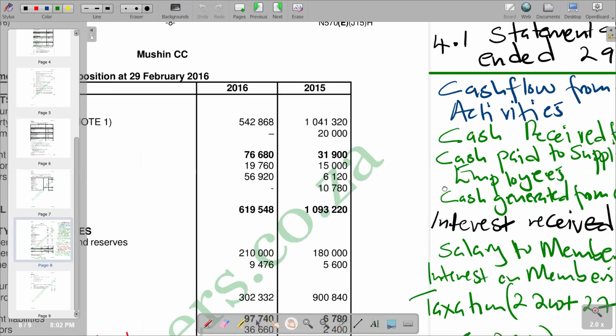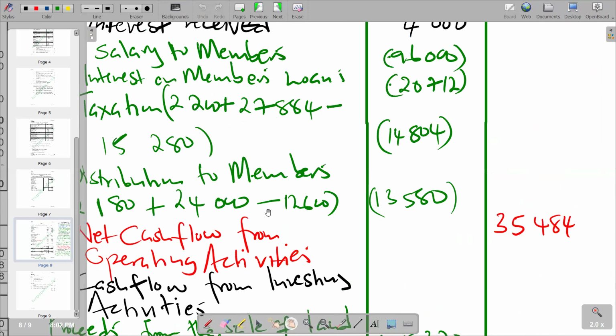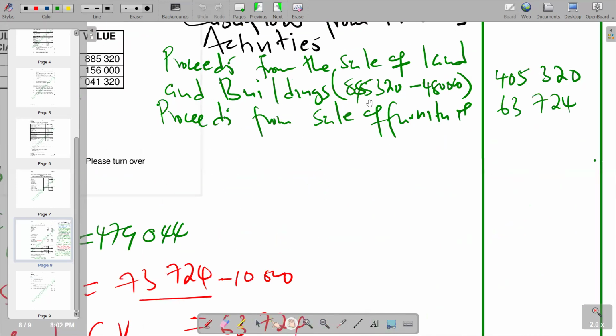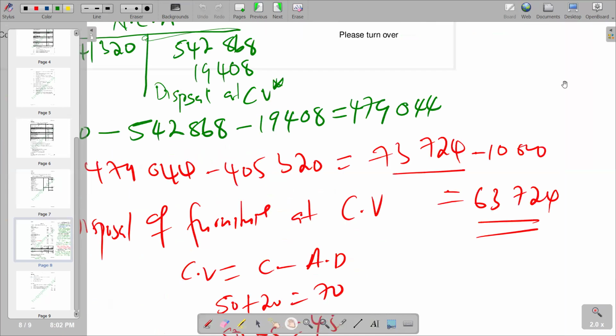So under investing, we are only having positives.